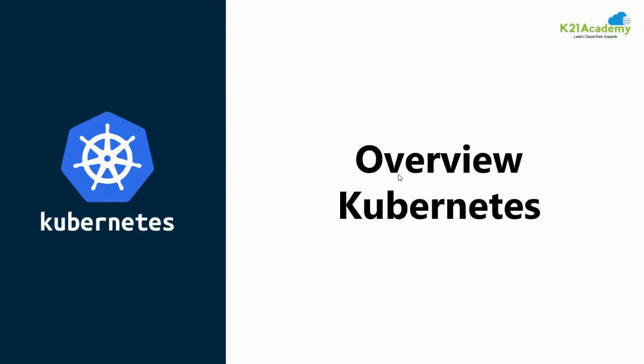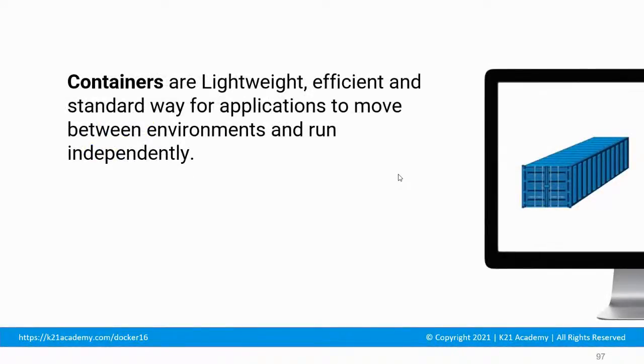So let's begin with, first of all, what is Kubernetes? Before I go to Kubernetes, it's important that you understand containers. If you attended, we'll just touch base briefly. Containers are a lightweight way to build your applications, deploy them, and run them across environments.